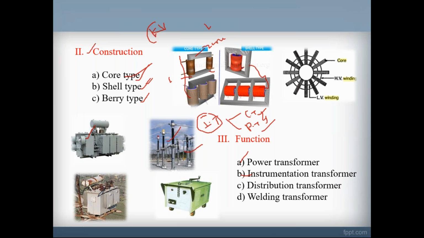The transformer that supplies voltage to homes, factories and industries distributes the voltage. Okay? Next one is the welding transformer. We generally see it in welding machines and welding shops. So these are the types of transformers categorized based on the function. So this is the third category.